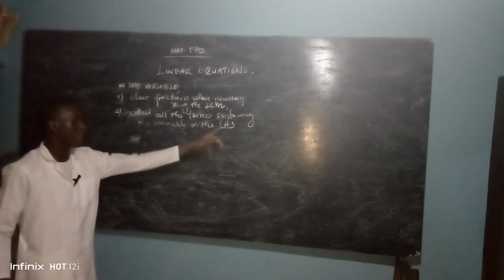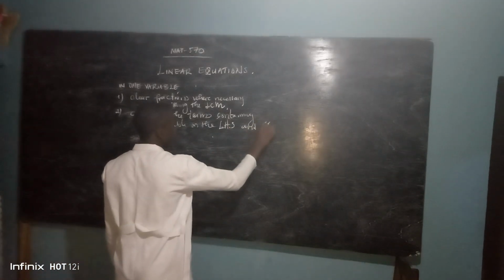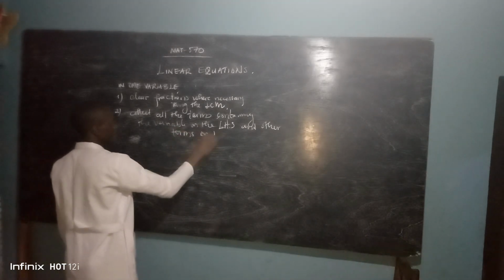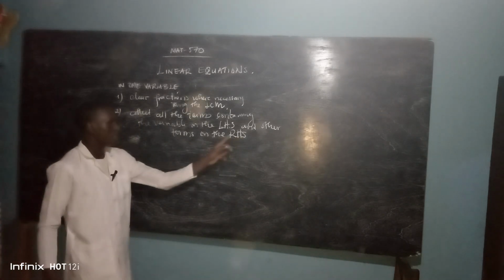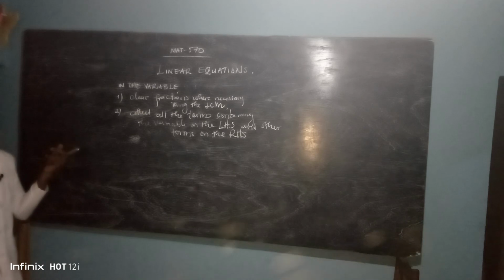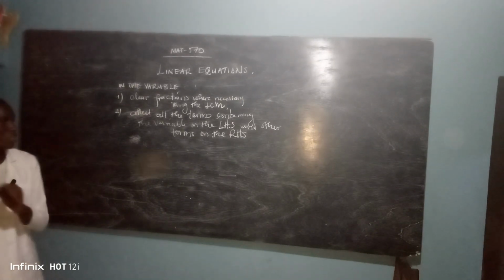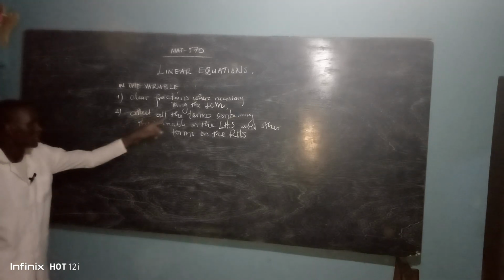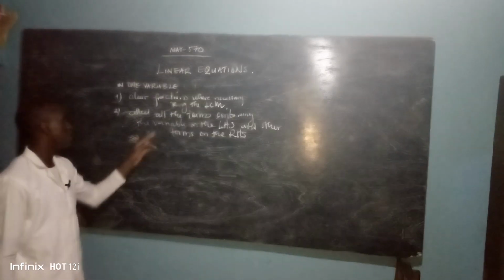LHS means left hand side, and other terms on the right hand side. RHS means right hand side. So that's the next rule, right? When you are solving a linear equation, whether it's in one variable or two variables, you are going to see that in two variable simultaneous equation. Don't hurry with that. Now we collect all the terms containing the variable on one side of the equation.